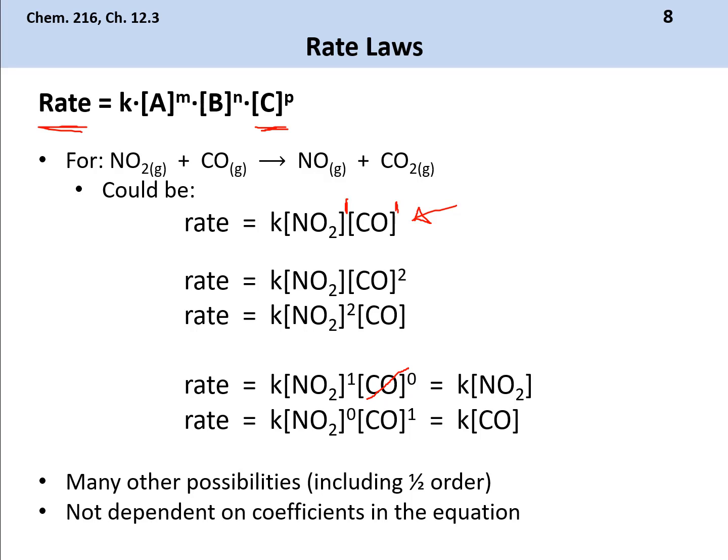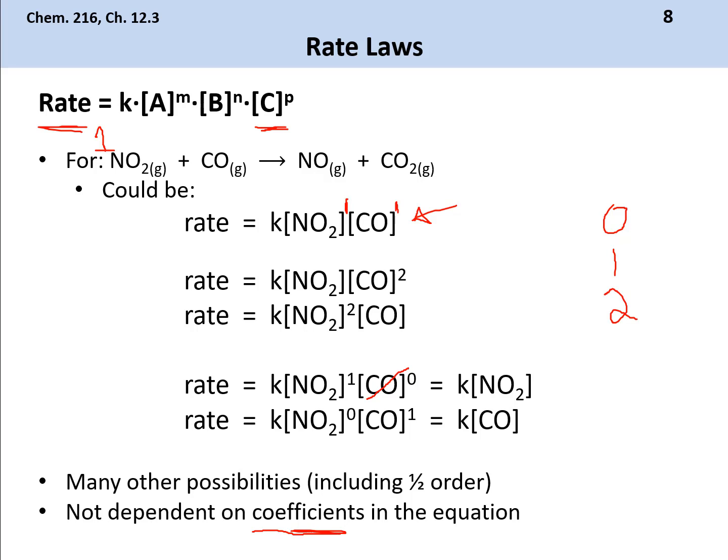And so I actually have a lot of possibilities. But typically, we'll either see things to the 0 order, the first order, or the second order. But remember, and I'll stress this again, it's not dependent on the coefficients in the equation. Just because there's a 1 in front of this NO2 doesn't mean that the NO2 is to the power of 1.